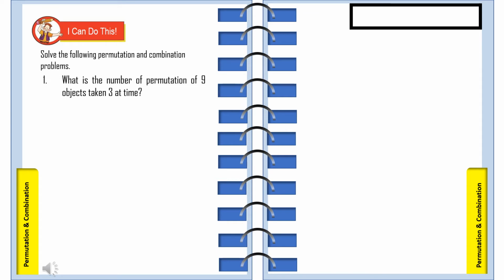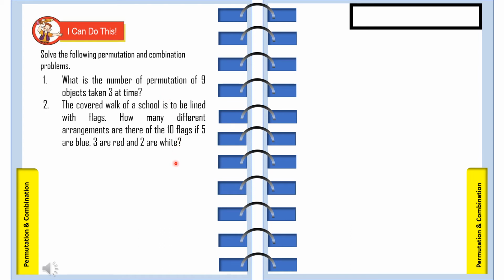Okay, so our first question is, what is the number of permutation of 9 objects taken 3 at a time? Okay, next, question number 2. The covered walk of a school is to be lined with flags. How many different arrangements are there of the 10 flags if 5 are blue, 3 are red, 2 are white?